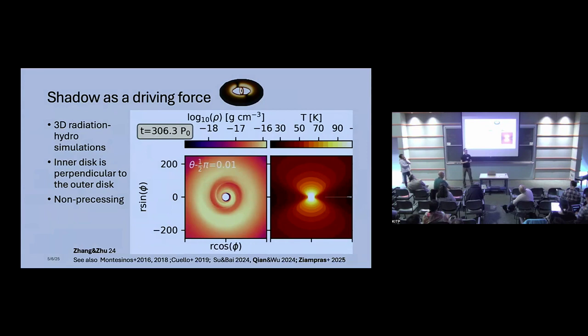I don't think there's any conflict here. As long as you have something, either a planet or something else, to warp the disk and cast shadows, you can have this temperature change, and then you have the following things happening. I think it's really hard to know what's really causing this shadow, what caused the misalignment between the inner disk and outer disk.